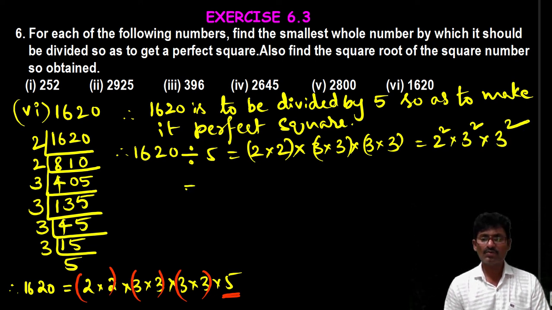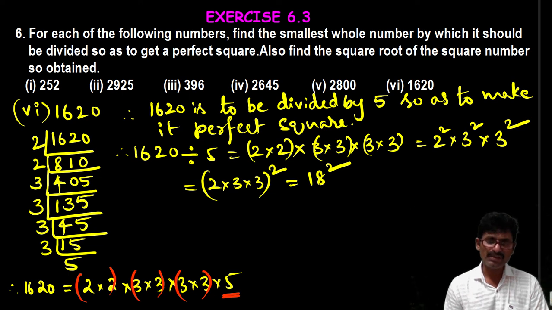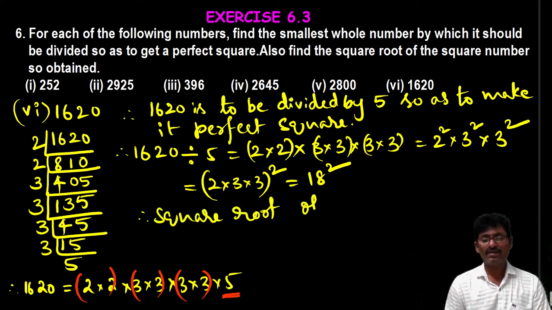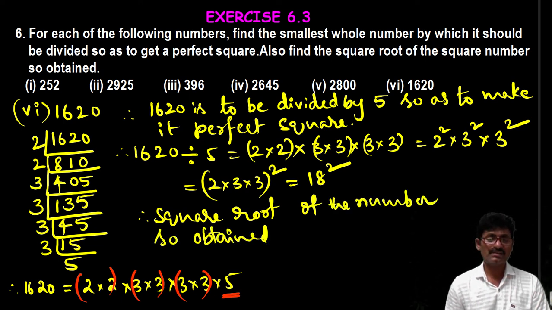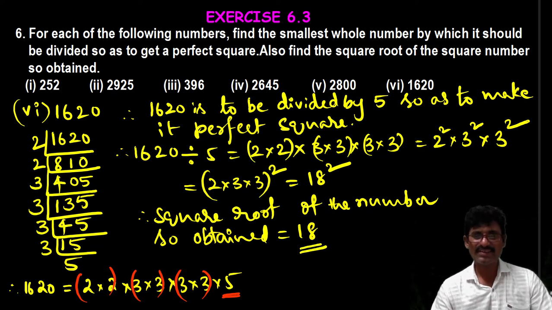So that is equal to 2 into 3 into 3 whole square, which is equal to 2 into 3 is 6, 6 into 3 is 18. So 18 square. As we got 18 square, the square root will be 18. So therefore, the square root of the number so obtained is equal to how much? That is 18.